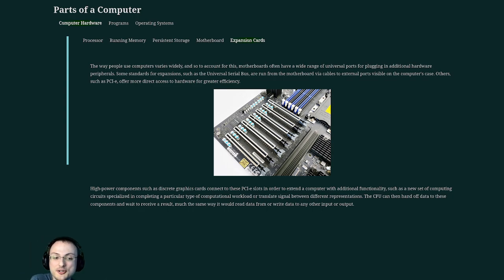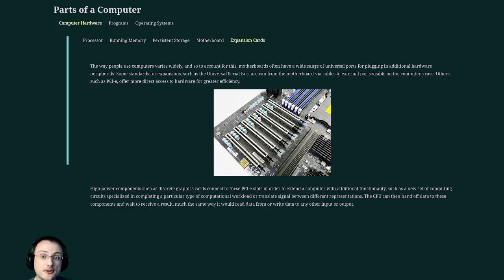So the CPU can sort of hand off data to the things in these slots, wait, and receive a result, in the same way that it would read to or write to or read from any other input or output. And this makes computers very modular, and it makes it very easy to add new features onto an existing machine. So this is our introduction to computer hardware.